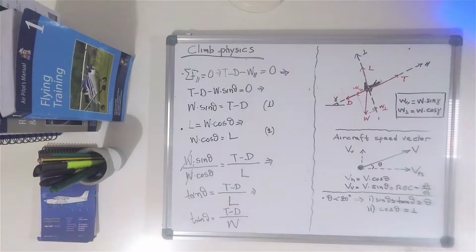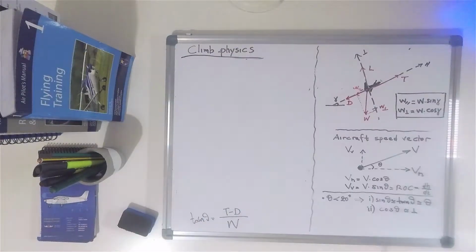But from the definition, the climb gradient is simply the tangent of the angle of climb, but expressed in a percentage form.